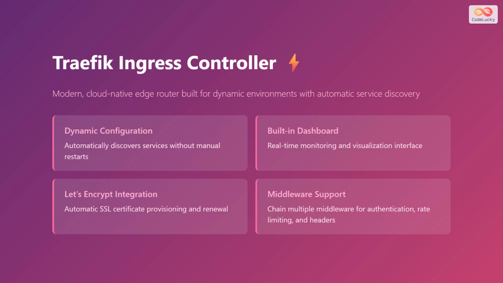It integrates seamlessly with Let's Encrypt, automatically provisioning and renewing SSL certificates for your domains. Traefik also supports middleware, which allows you to chain multiple processing steps together for tasks like authentication, rate limiting, and header manipulation. This makes Traefik ideal for microservices architectures, where services are constantly being added, updated, or removed.